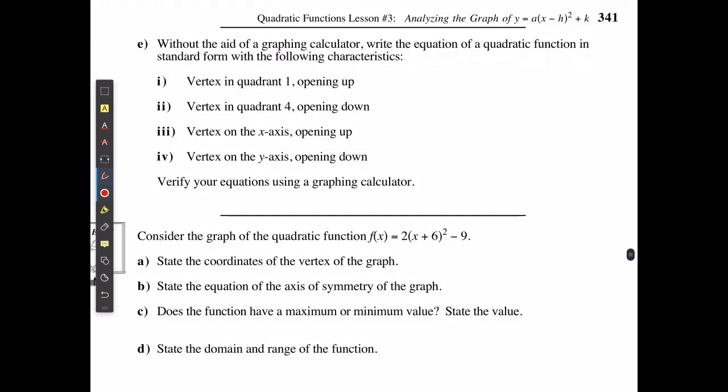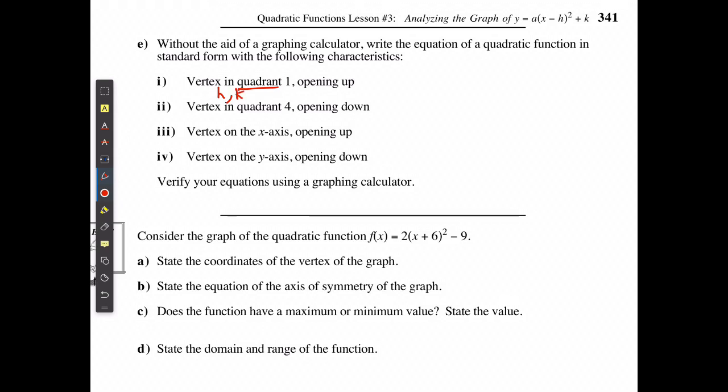If I'm going to write the equation of a quadratic function in standard form with the following characteristics, where it's got a vertex in quadrant 1, well, if it's a vertex in quadrant 1, that means the vertex occurs when my x is positive and my y is positive, and my x and y are represented by the h and k.